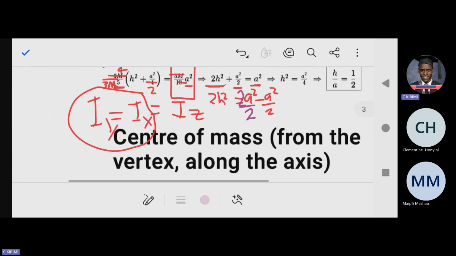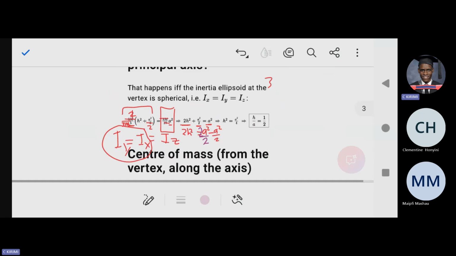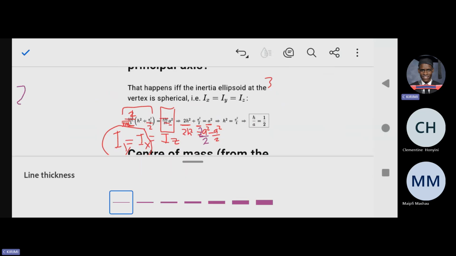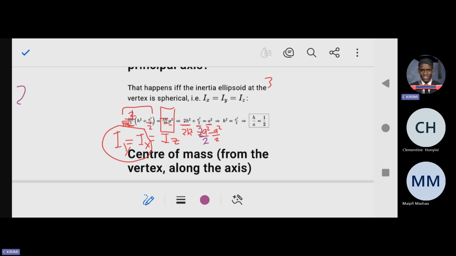So our situation now is that 2h squared is equal to A squared over 2. Are you there? 2h squared is equal to A squared over 2.